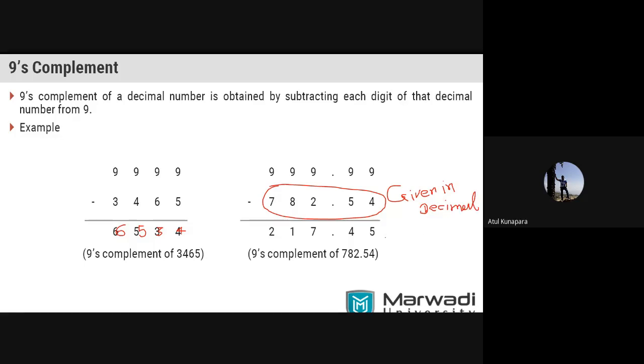Okay, and what you are getting is the 9th complement form. So you can see here, whether it is the 9's complement number or the given decimal number, both have representation in the decimal number system only. That is the same as what we had in the ones complement form, right?